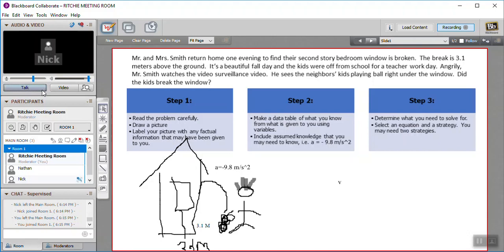Velocity is 0 meters per second at the crest of the parabola. Yes, right when it's at the very, very top at the crest, it would be 0 meters per second. So that's something we could take advantage of since it can't go up and down at the same time. That's perfect.